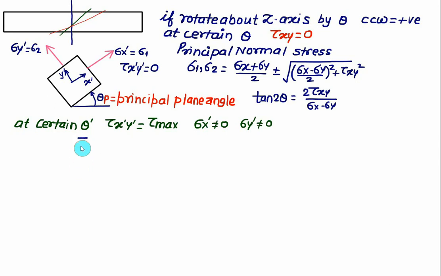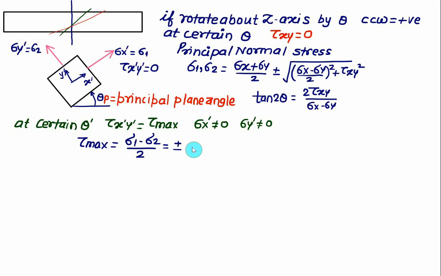So the maximum value of the shear stress, tau max, will be the difference between the two principal stresses divided by 2, that is, (sigma 1 minus sigma 2) divided by 2. This is one way you can calculate it, or this under root sign itself represents the maximum value of shear stress.